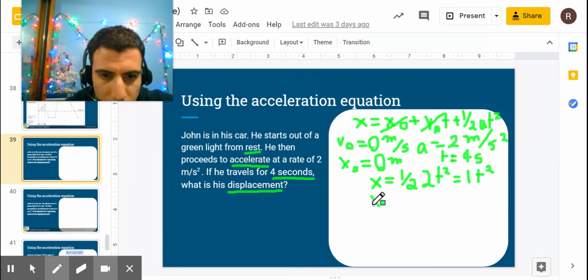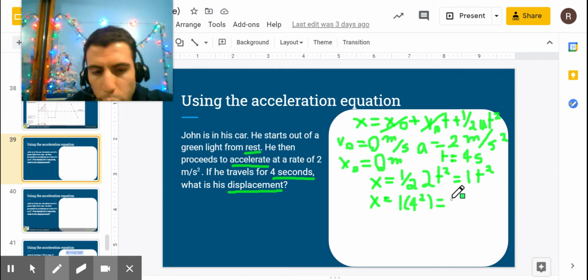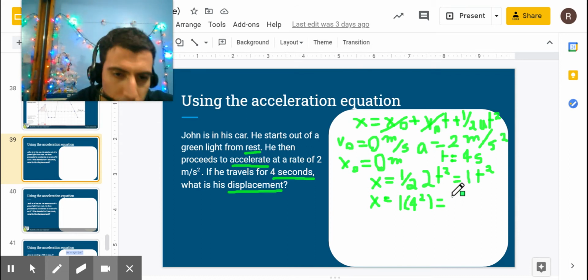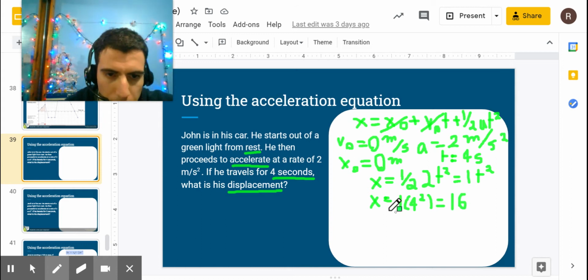So x equals 1 times 4 squared, which equals 16 times 1, which is 16. Which means I have moved 16 meters. In other words, John has moved 16 meters.